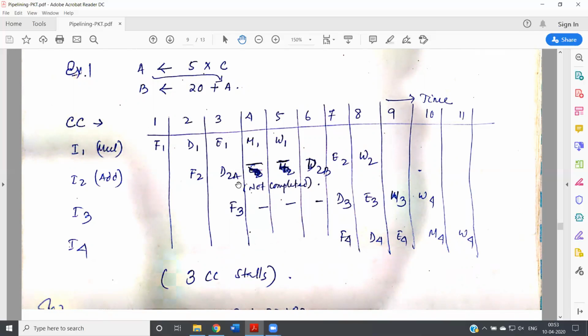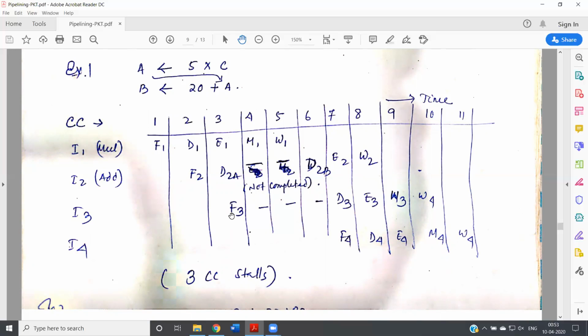So only half of the decode is done, and the other half has to wait till instruction 1 writes in the 5th clock cycle, so that it can read in the 6th clock cycle. Decode will be over only in the 6th clock cycle, and then it goes for execution and write back. So these clock cycles are being wasted.